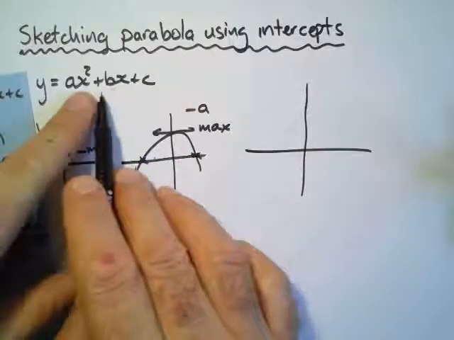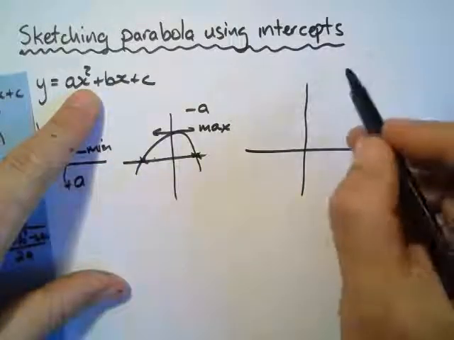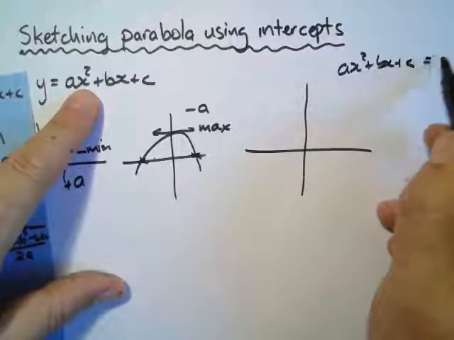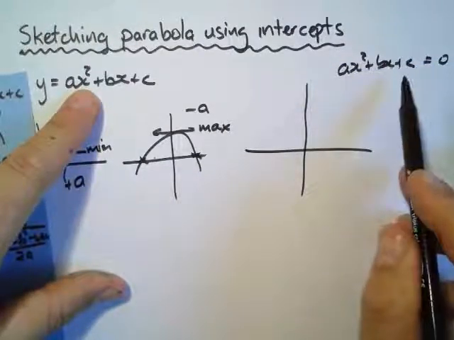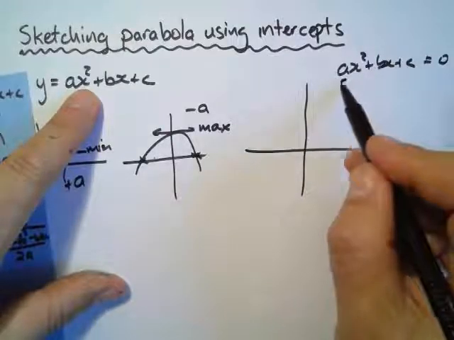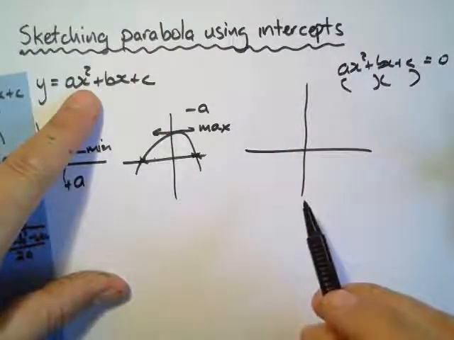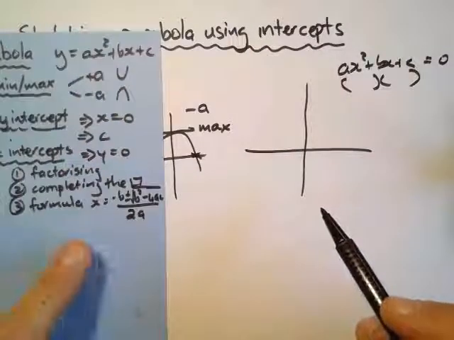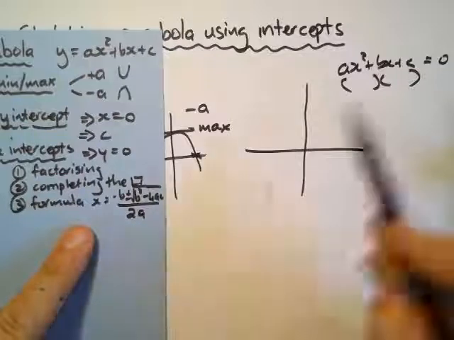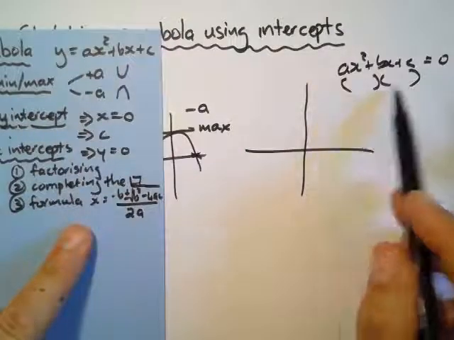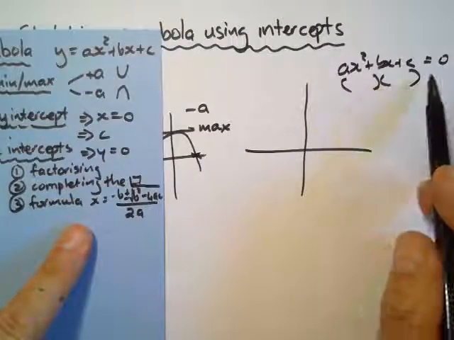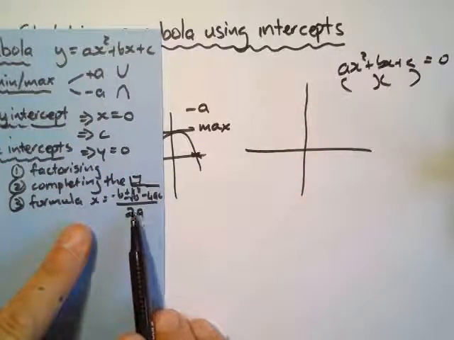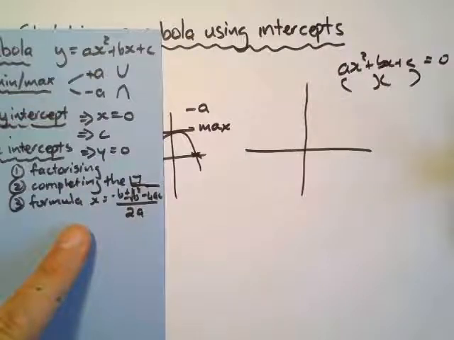If ax squared plus bx plus c equals 0, I can find the value for x. To do that, I either have to factorize, or complete the square, which most people don't like, or the third one is the formula. And the formula is sometimes the easiest. If you battle with factorizing using the null factor law, then this is probably the easiest way, by remembering this and then finding the value.